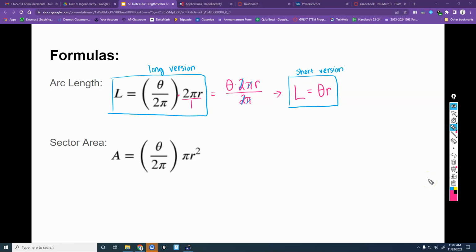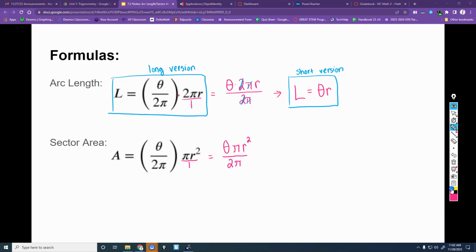The sector area formula also simplifies a little bit, not as much as the arc length formula. The arc length is a little bit easier. So if we look at this, if we do the same thing, if we put this over 1, that would be theta times pi times r squared. And on the bottom we would have 2 pi.